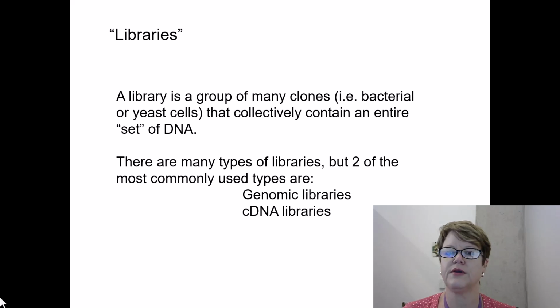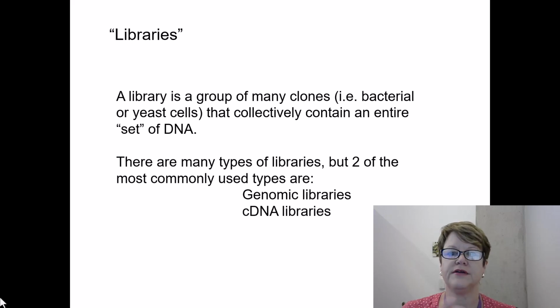Remember, mRNA represents the genes that are being expressed at that time in that cell or tissue type. So if you do a reverse transcription, you make DNA only from the mRNAs that are in that tissue at that moment. What you have are DNA pieces, which we call cDNAs, that represent the genes being expressed in that tissue at that moment.